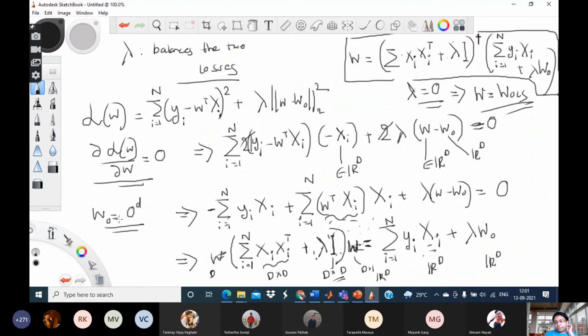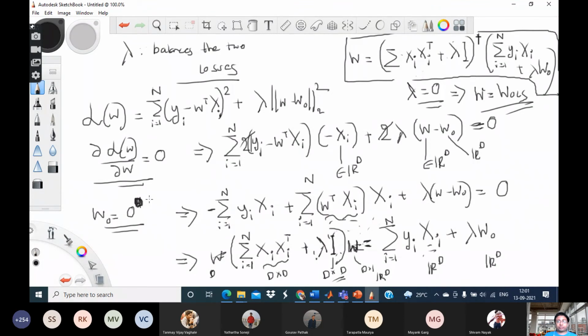Okay. So the W naught, as I said, is my favorite vector. I want W to be as close to W naught as possible. Now suppose the W naught is the origin, which basically means the d-dimensional 0 vector.